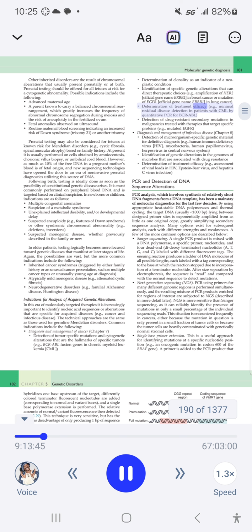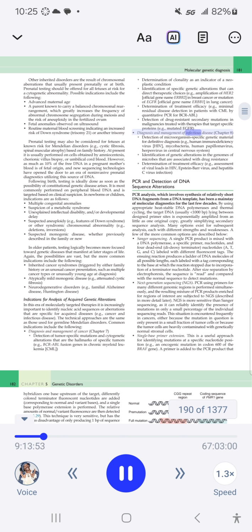Determination of treatment efficacy, e.g., minimal residual disease detection in patients with CML by quantitative PCR for BCR-ABL. Detection of drug-resistant secondary mutations in malignancies treated with therapies that target specific proteins, e.g., mutated EGFR.